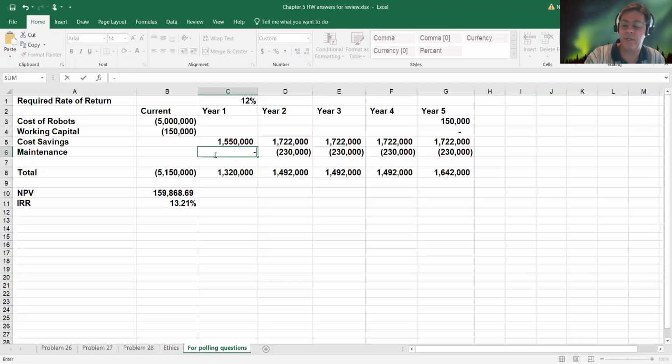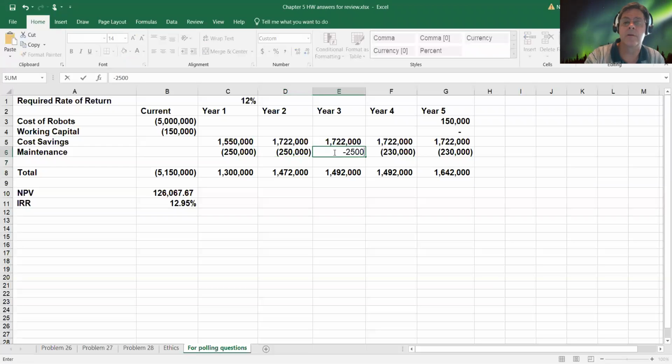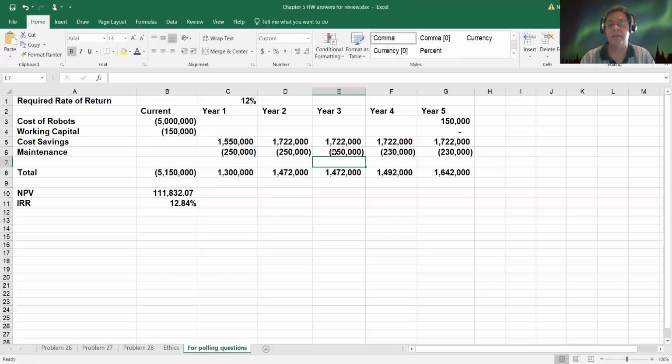If I change it to negative 250, you see each time I make one of them go up in cost, it makes NPV go down. So if I increase the costs, it makes NPV go down. If I had increased the cost savings, it would have made NPV go up.